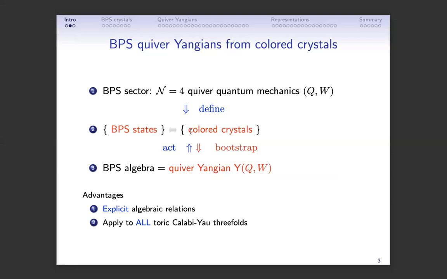From this action, you can bootstrap the BPS algebra, and the resulting algebras are quiver Yangians, which are given by a quiver and superpotential pair. The advantage of this construction is that we can get the explicit algebraic relations for a generic toric Calabi-Yau threefold.